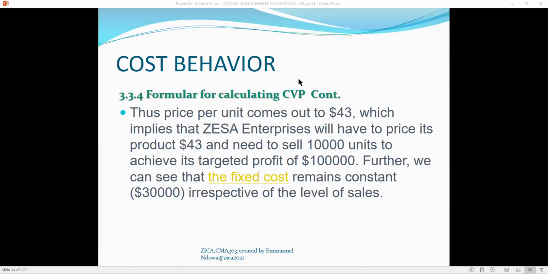So you can see that if ZESA Enterprises wants to make a profit of 100,000, they have to charge their product at a selling price of $43. You see now. How about if ZESA Enterprises wants a profit of 200,000? Will you be able to work that out? If they want a target profit of 200,000, how much are they going to charge?